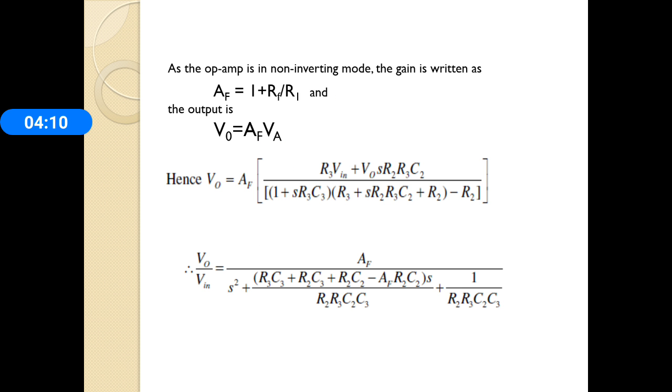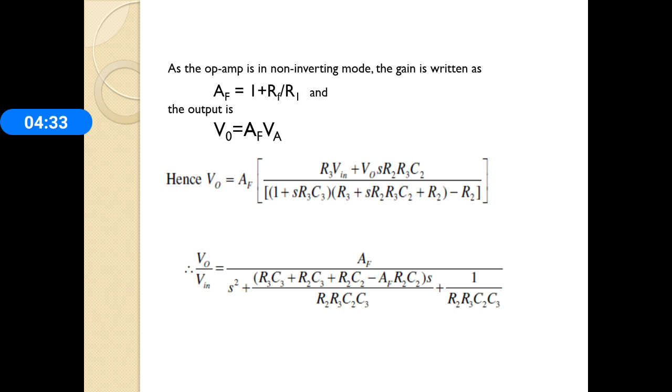As the op-amp is in non-inverting mode, the gain is written as AF equals 1 plus RF upon R1, and the output voltage V0 is AF into VA. Hence, V0 equals AF into the expression of VA. Rearrange this equation for the ratio of V0 upon V in.